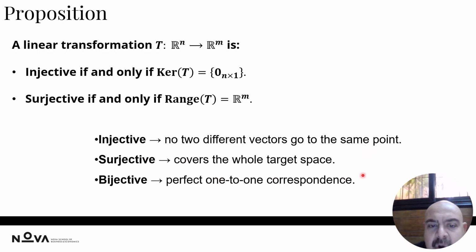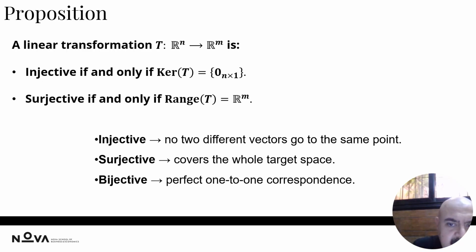Surjective covers the whole target space. That means for a transform to be surjective, it will cover the whole target space, so all the images from Rn will cover all the values in Rm. Bijective means it's one-to-one and onto. Injective is one-to-one, and surjective is onto. Bijective means perfect one-to-one correspondence, that is, both injective and surjective at the same time.